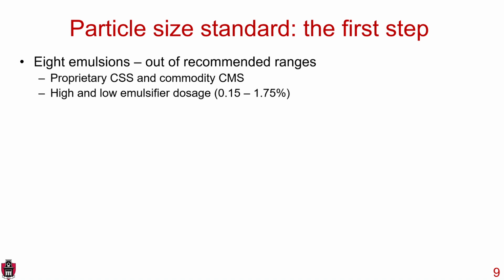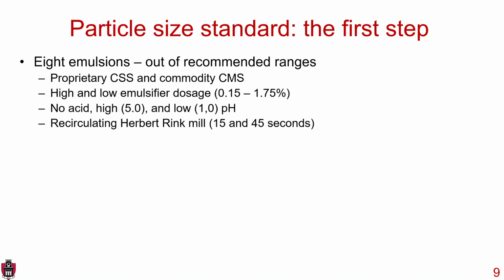He took 8 emulsions and purposely made these outside of the recommended ranges. So he had a proprietary cationic slow set emulsion and a commodity cationic medium set emulsion, and he did various combinations of a high and low emulsifier dosage, anywhere from 0.15 to 1.75% of emulsifier.